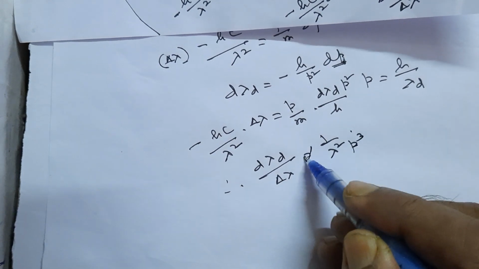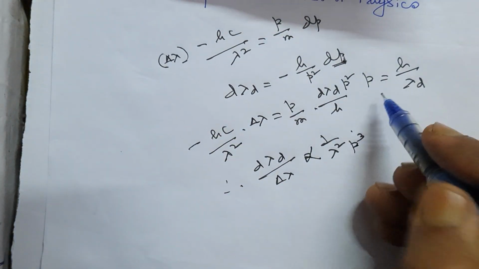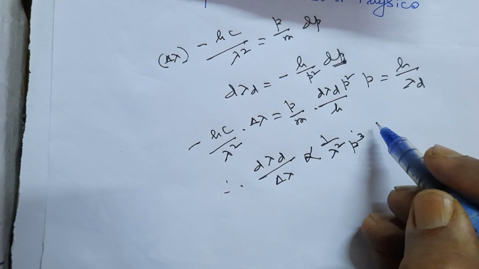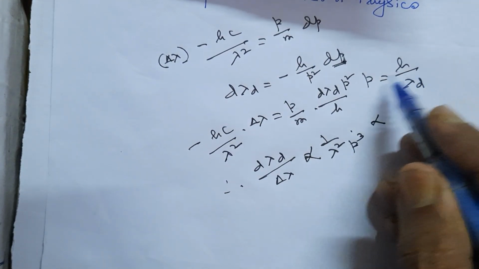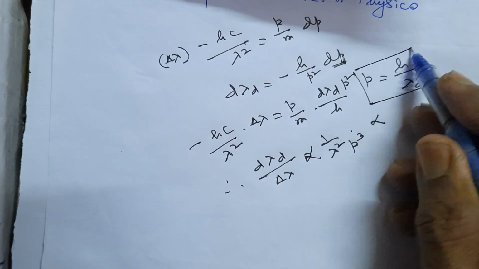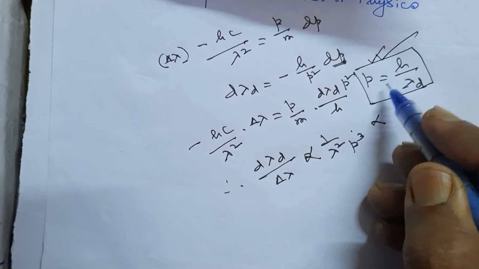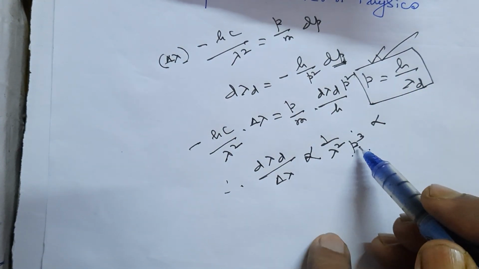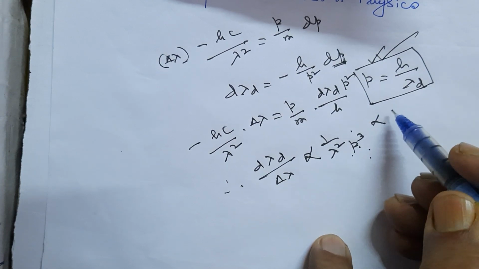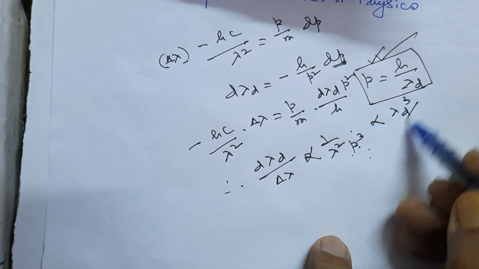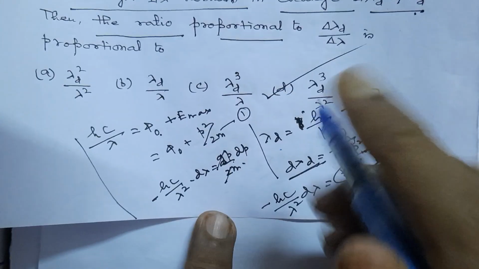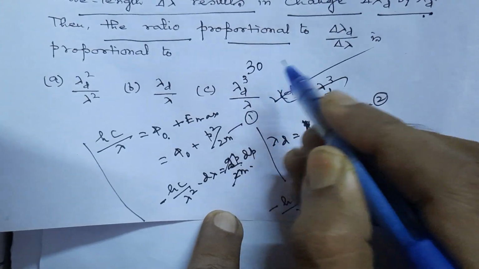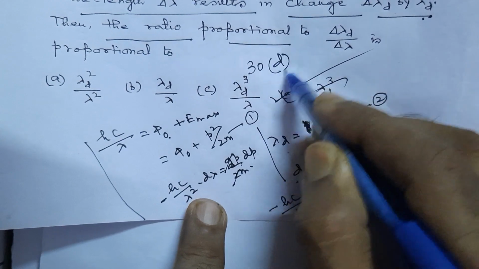This is proportional, but p equals h by lambda d. So p cube equals h cube by lambda d cube. This is proportional to lambda d cube by lambda square. So our option D is correct. So the answer to question number 30 is D.